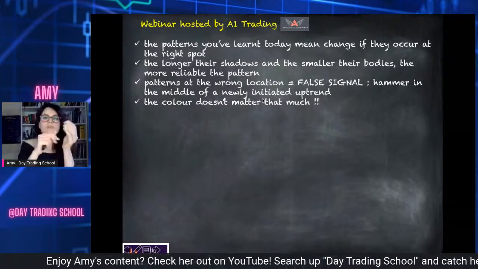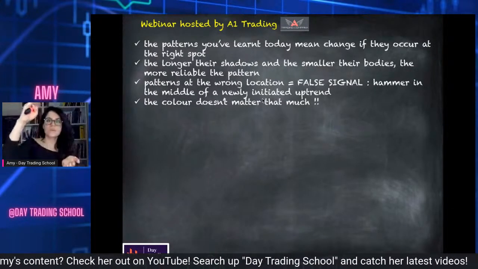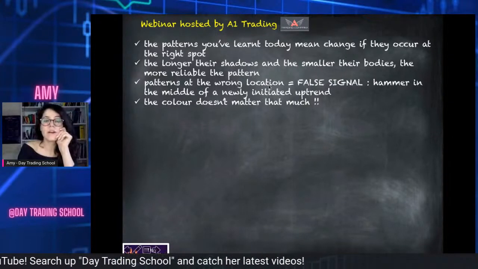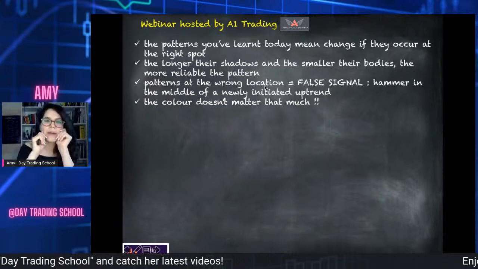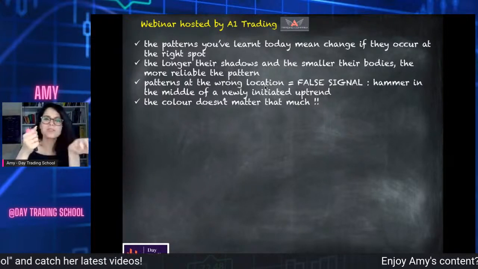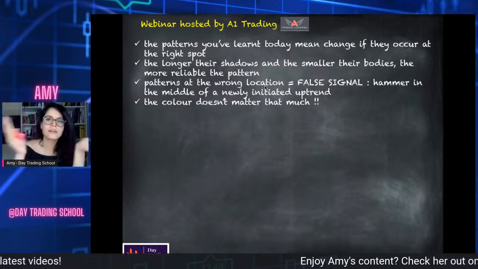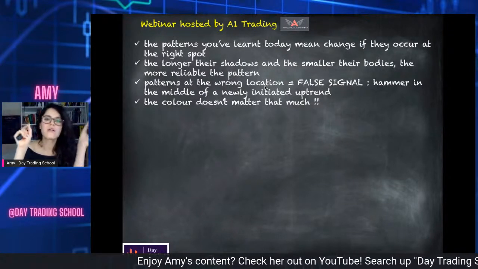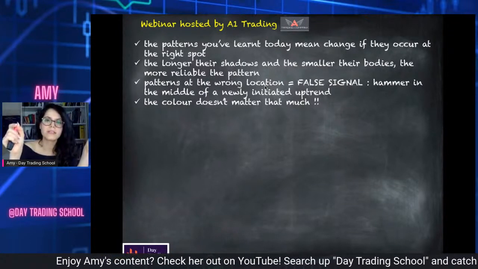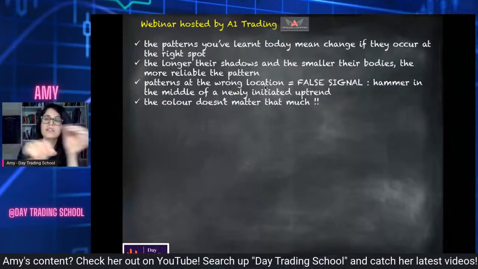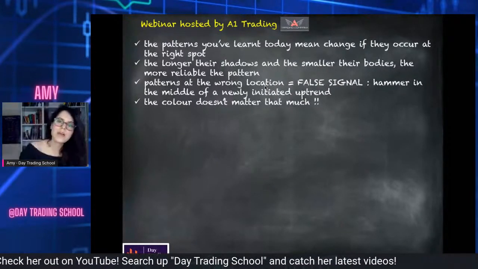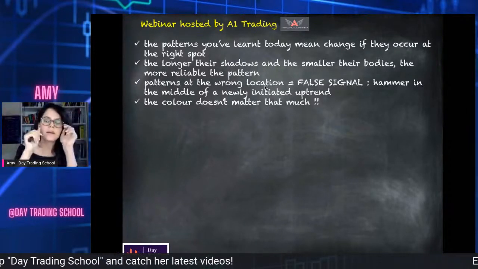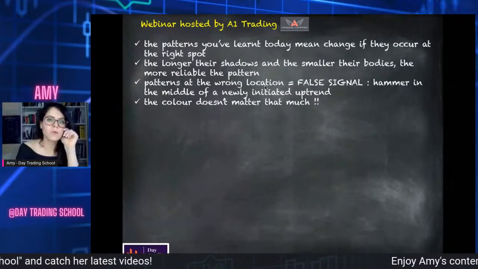Try to focus on the higher time frame instead of the lower time frame, and try to ask the question about where exactly did the candlestick pattern occur. Clarify the question of where exactly did it occur. This is the best thing you can actually do. The location is absolutely key, because the location will tell you whether it is a false signal or whether it is a reliable signal.